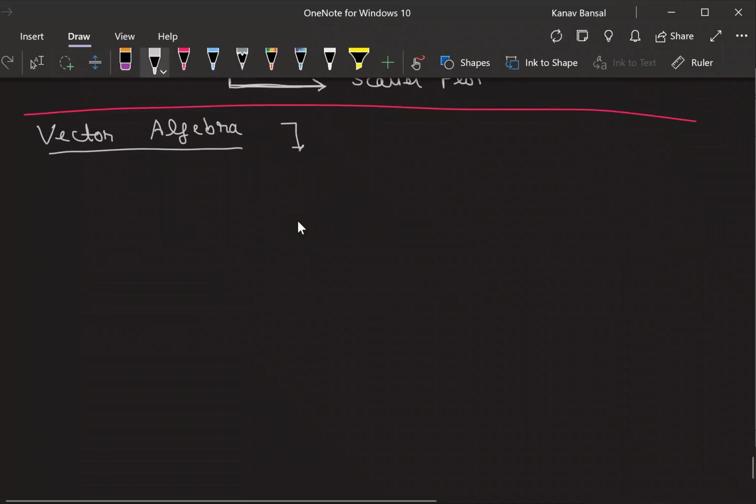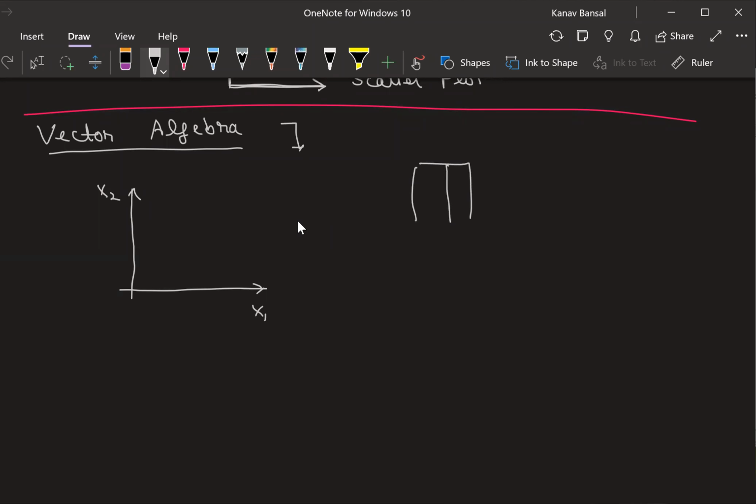Right now, let's say there are two dimensions. Let me represent these two dimensions properly. The first dimension is x1. The second dimension is x2. If I have some data point, this is having x1, this is having x2. I have 5 here and 2 here.